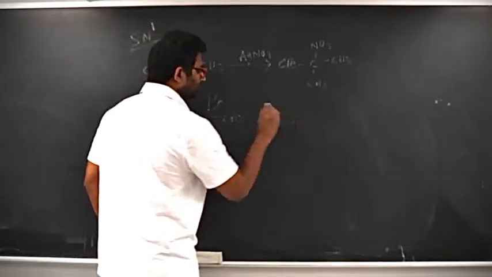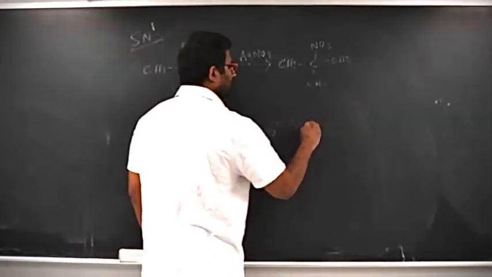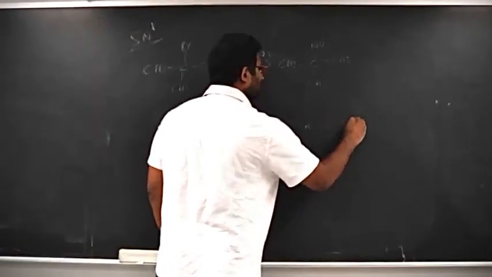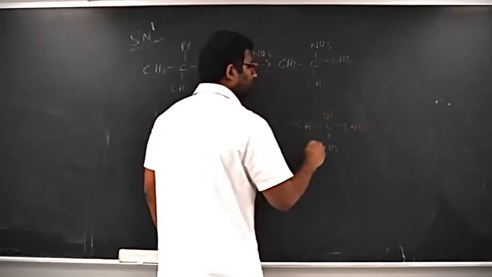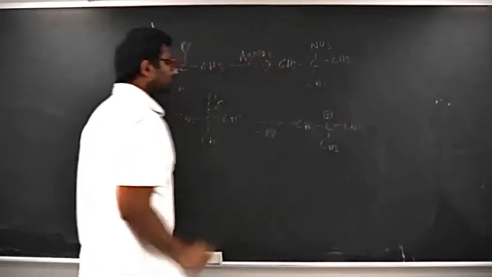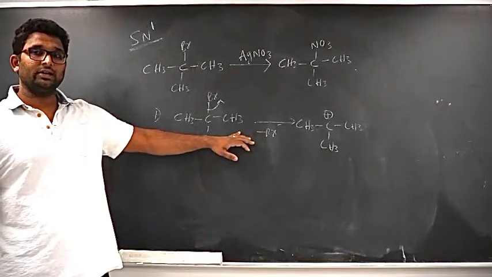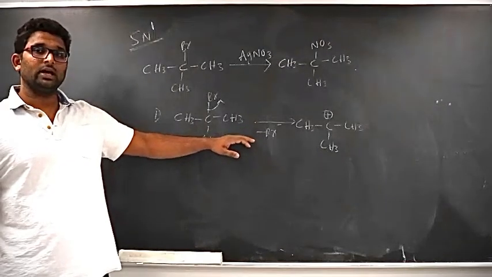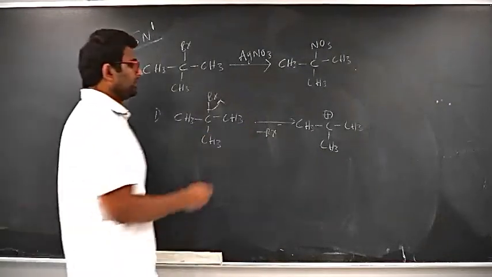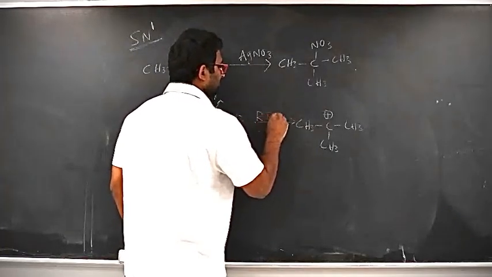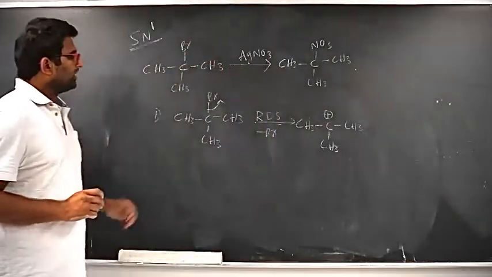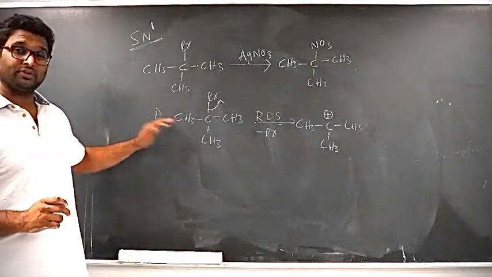So we lose a bromine and we end up forming a tertiary carbocation. Formation of carbocation is a slow step, and slow steps are rate determining steps. So the rate of the reaction depends on the first step.